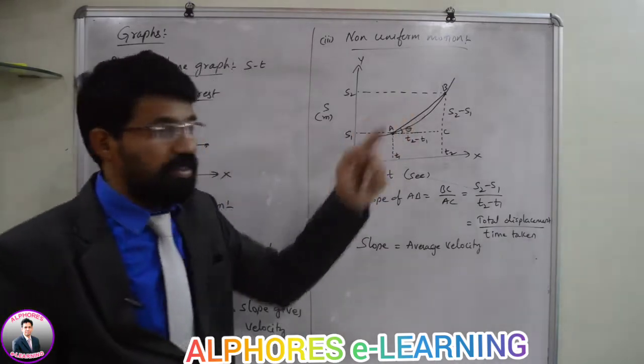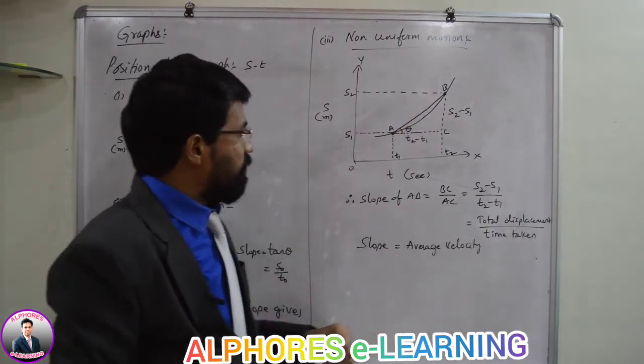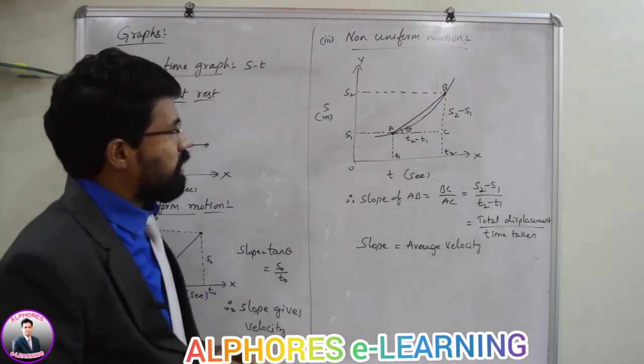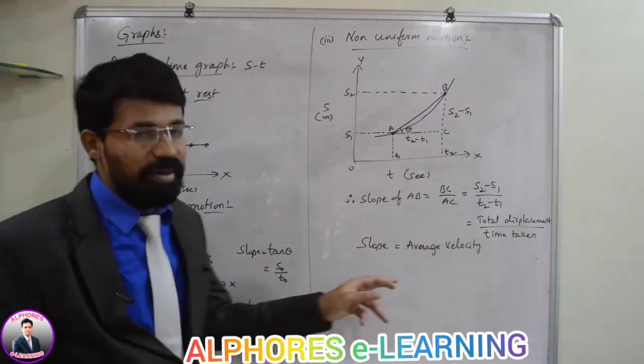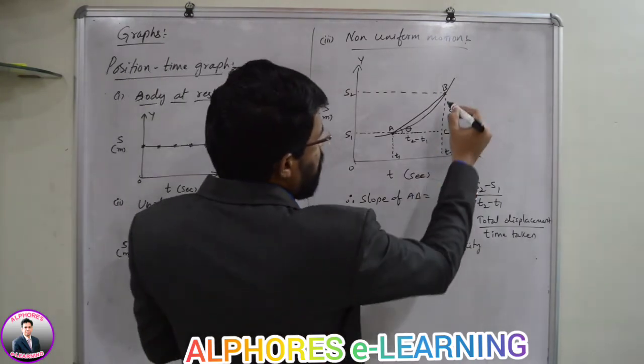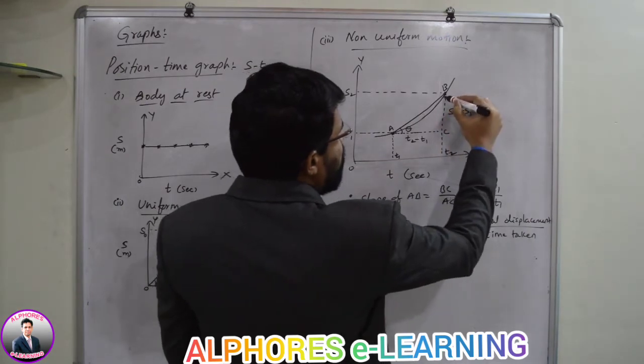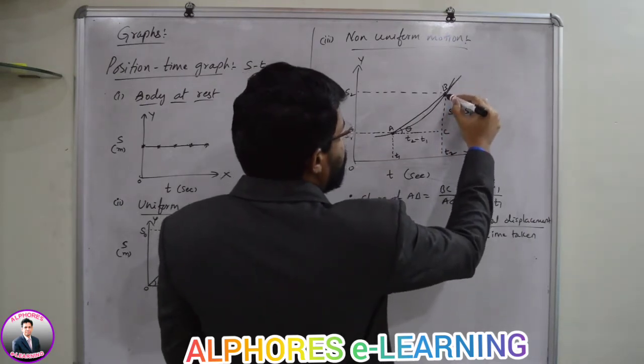So remember children, the slope of a line in a non-uniform motion position time plot gives us average velocity. If you wanted to find instantaneous velocity, what you can do is, let us say I wanted to find instantaneous velocity corresponding to this point. Draw one tangent corresponding to this point like this.